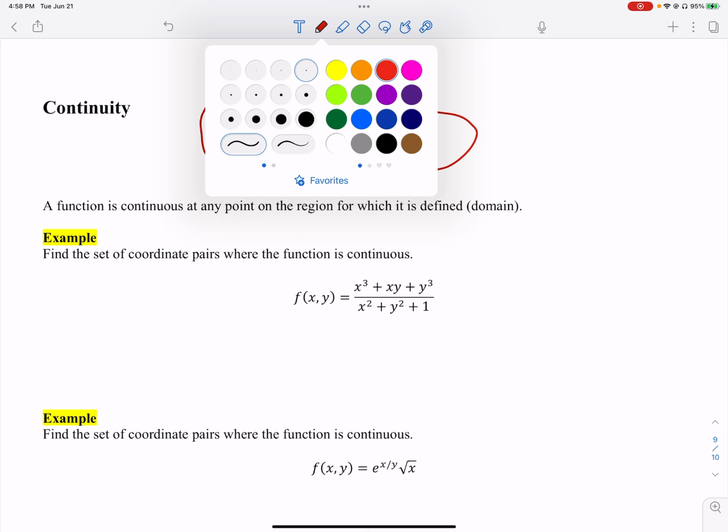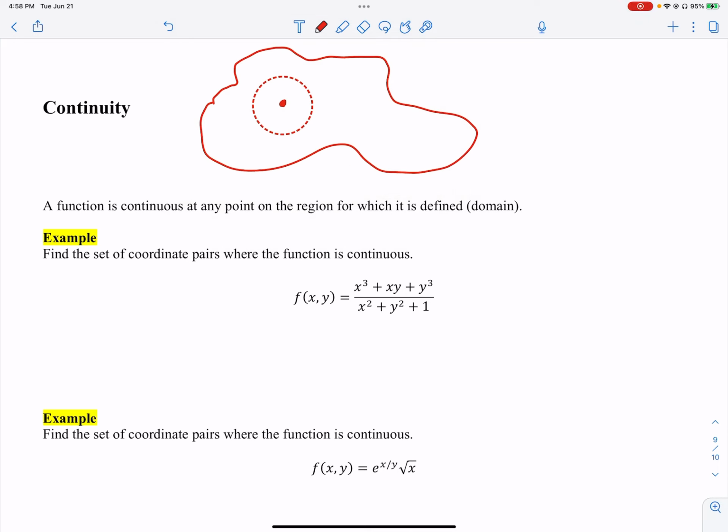Not always, because we're not going to always have that kind of thing. But we'll call this neighborhood delta. And what that means is very small, right? Very tiny neighborhood. For continuity, we need the point to exist there, and we also need the surface to limit there in all directions, which means that if I really wanted to prove continuity, I would need to consider within that neighborhood all paths leading to the point.